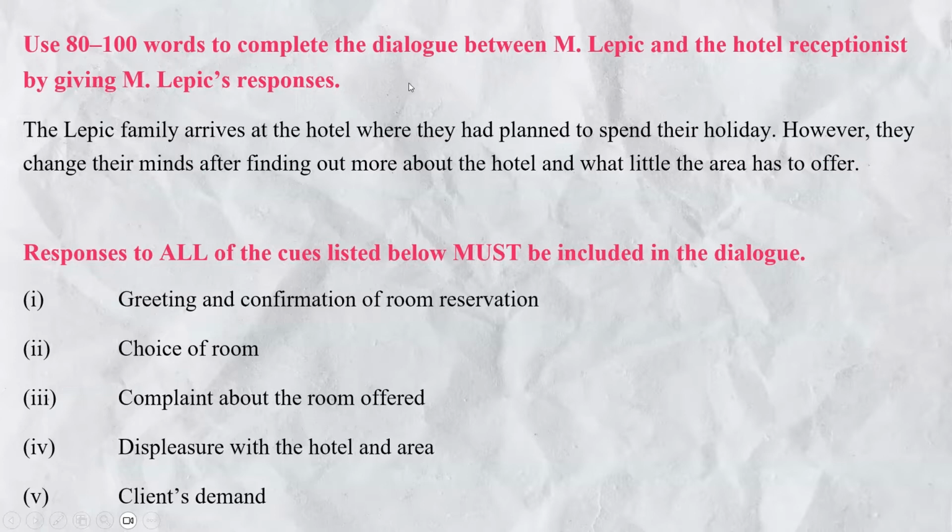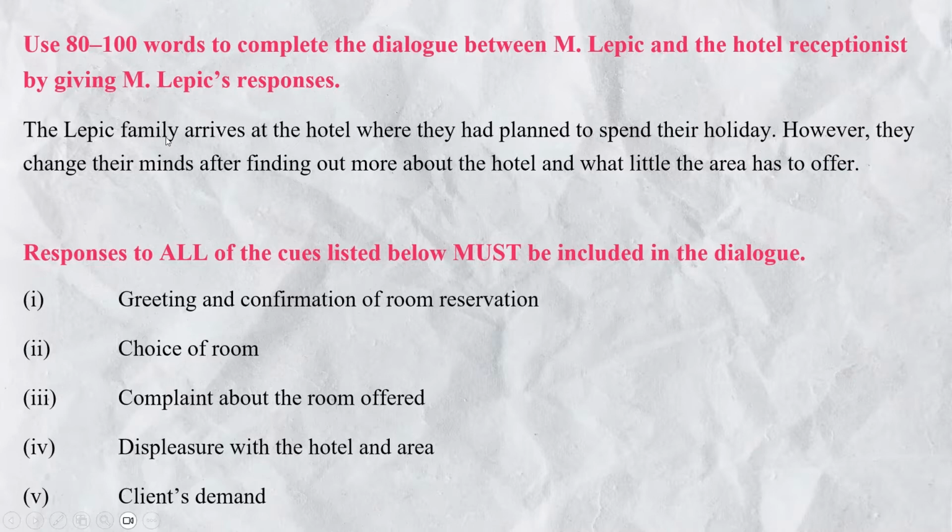What this is telling you so far is that in this dialogue, you are going to be playing the role of Monsieur Le Pic, and you have to provide the responses for Monsieur Le Pic. So there's going to be two vital persons in here. There's going to be Monsieur Le Pic and the receptionist, but you're going to be playing the role of Monsieur Le Pic. Let's continue.